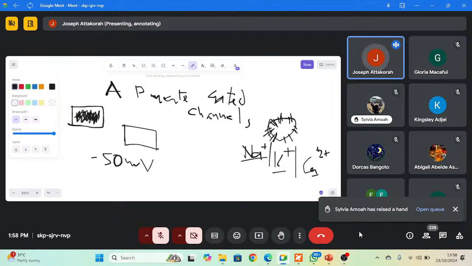When you have impulses being released from the sinoatrial node, these myocytes get extra energy. This will push the energy from minus 50 to minus 90 millivolts.